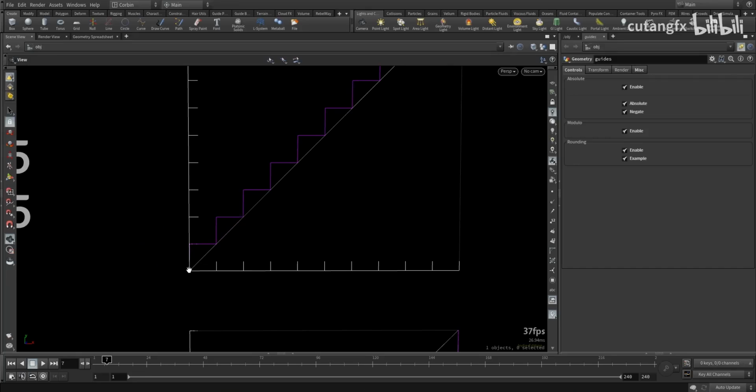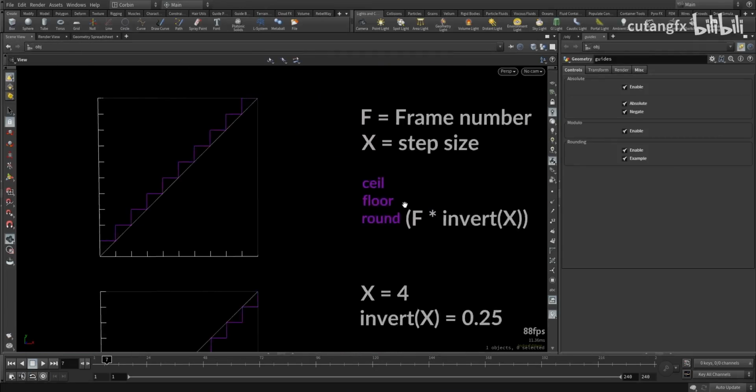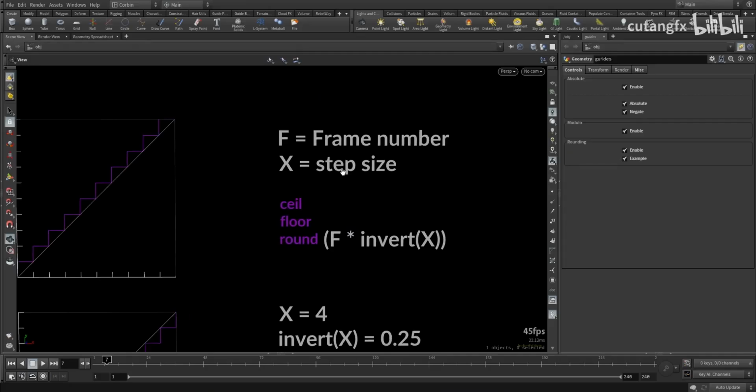Okay, and then because there are 5 frames in each, my stepping will then be held for 5 frames, and then jumps up and then holds for 5, and then jumps up and holds for 5. Okay, so because I want a step size of 5, I need to multiply by the inverse amount, 0.2.